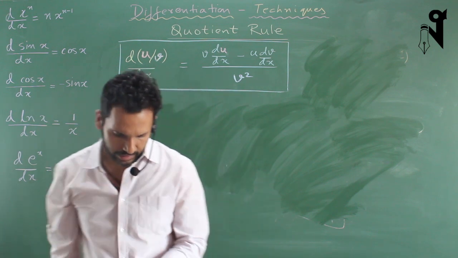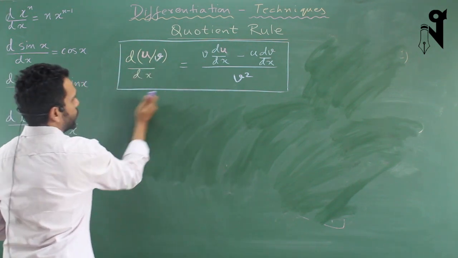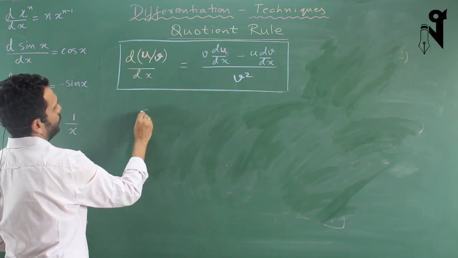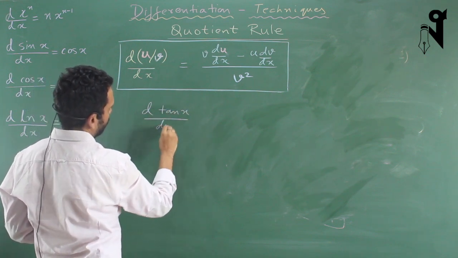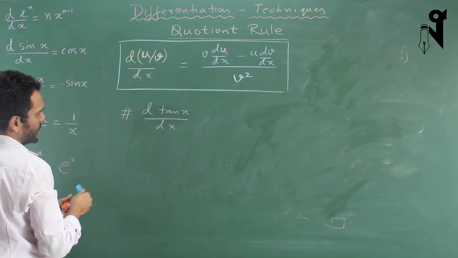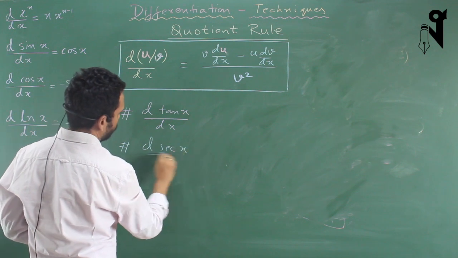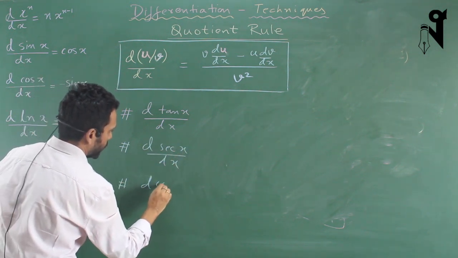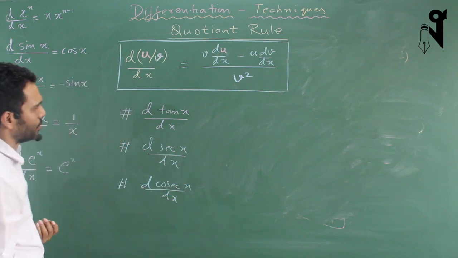Okay. So that's it, guys. Now just tell me, with these rules, are you good enough to find out a few more differentiations, like say d of tan x by dx, say d of sec x by dx, say d of cosec x by dx?